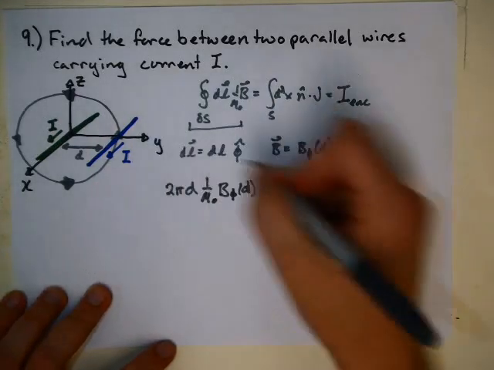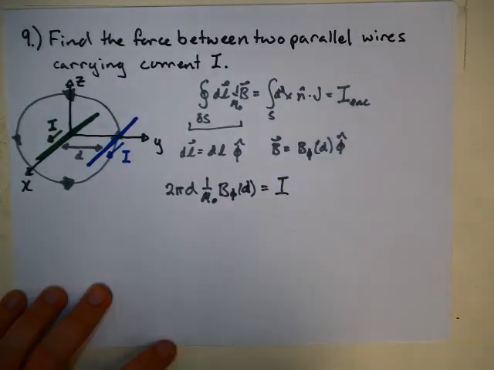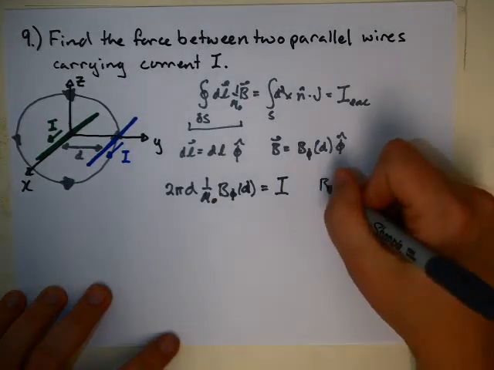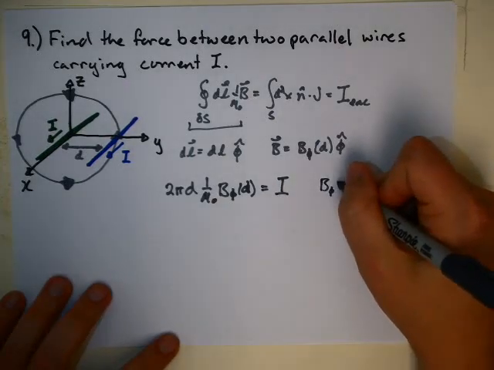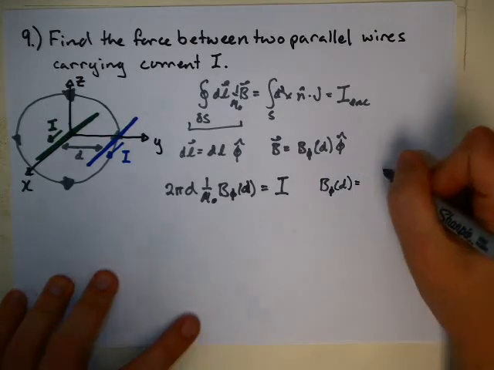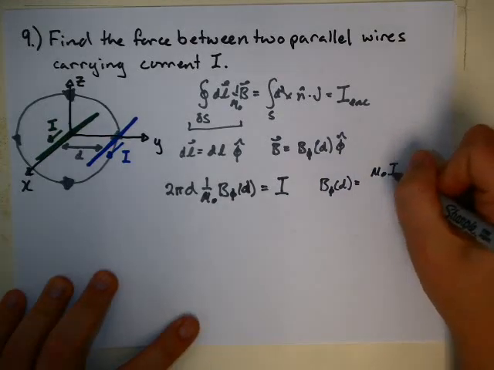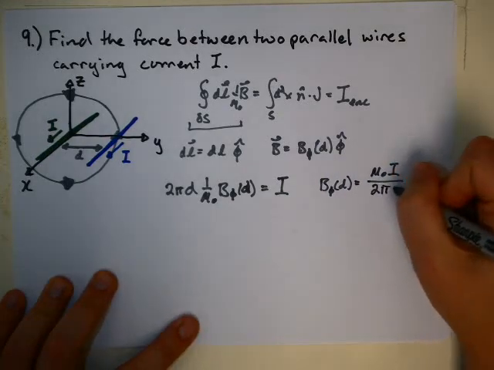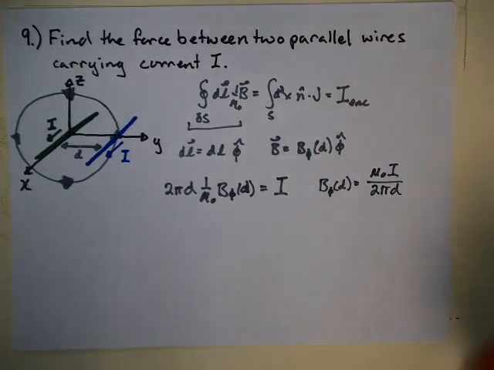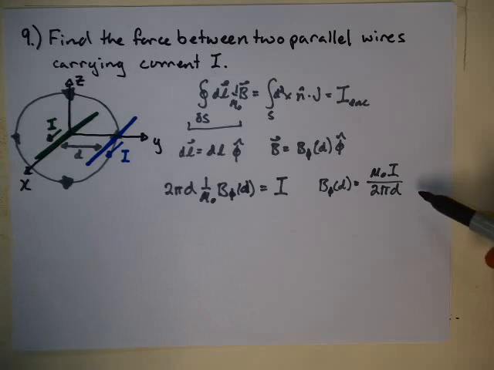And then the right-hand side is simply the current enclosed, which is I. So this is going to give me the magnetic field, the function of d, is mu naught I over 2 pi d, which is, of course, the known result for a wire carrying a constant current.